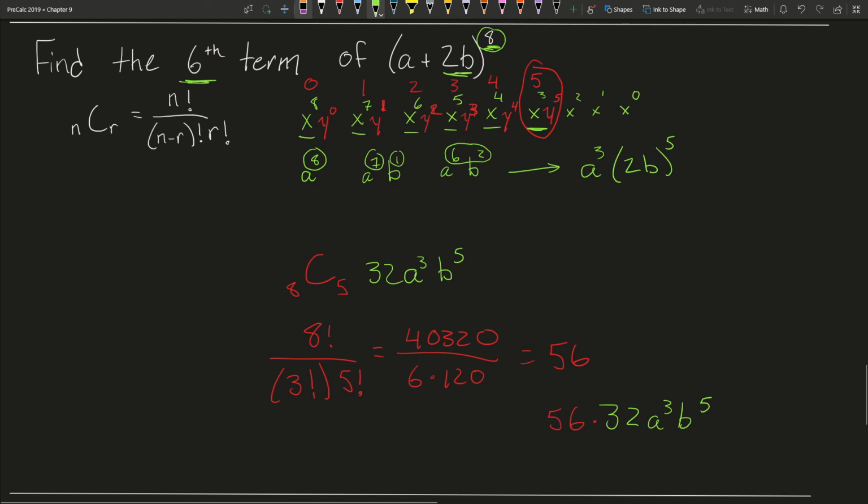So overall then we get 56 times 32a cubed b to the 5th, which is 1792 a cubed b to the fifth.